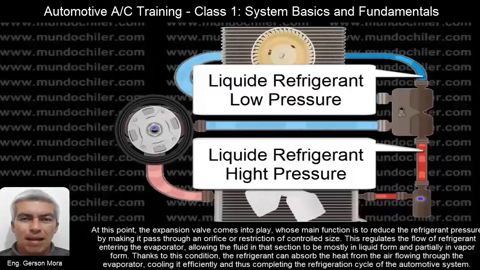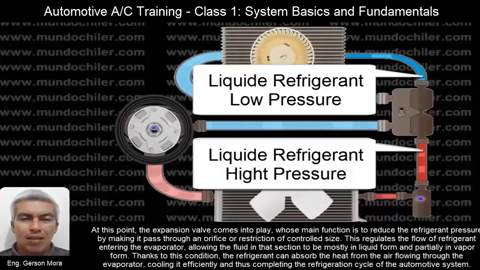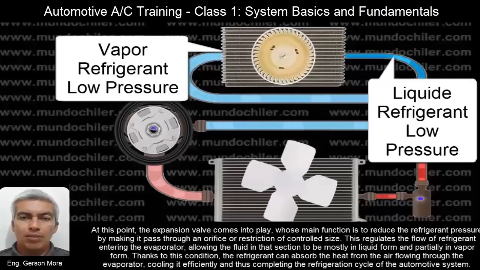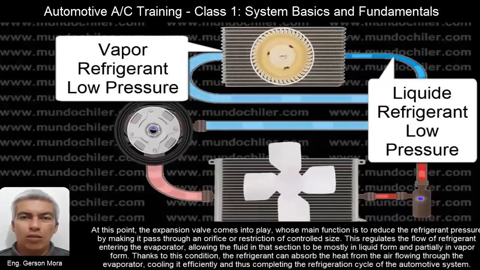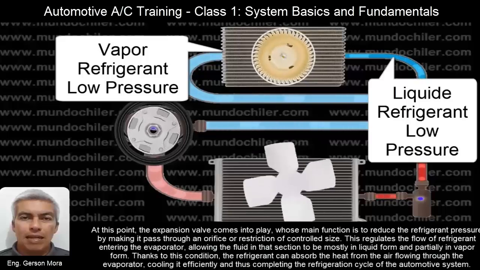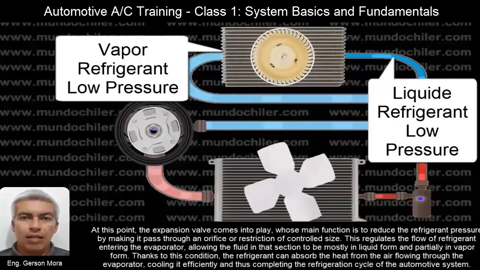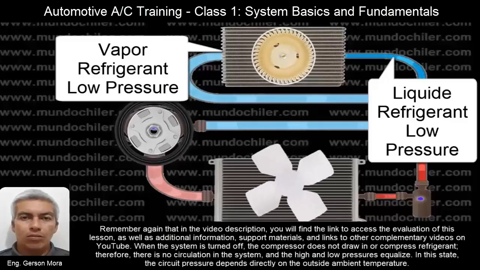This regulates the flow of refrigerant entering the evaporator, allowing the fluid in that section to be mostly in liquid form and partially in vapor form. Thanks to this condition, the refrigerant can absorb the heat from the air flowing through the evaporator, cooling it efficiently, and thus completing the refrigeration cycle of the automotive system.